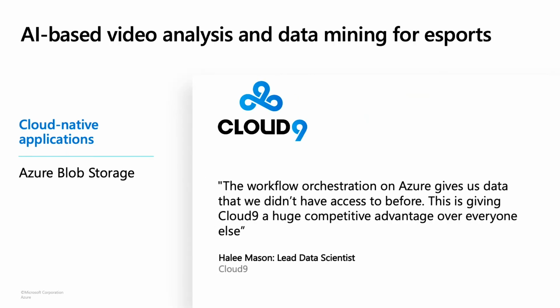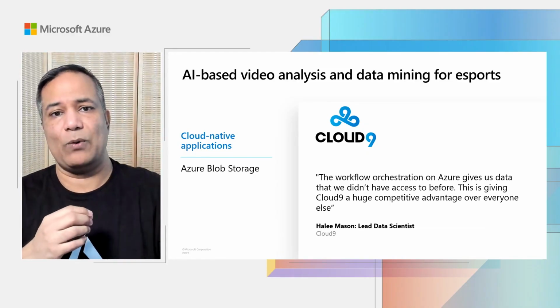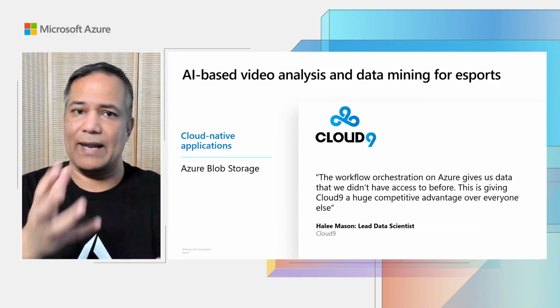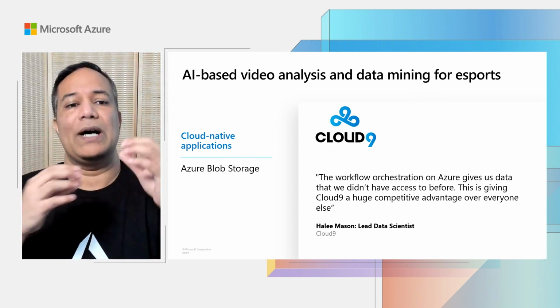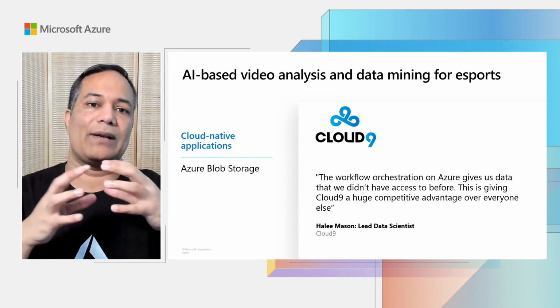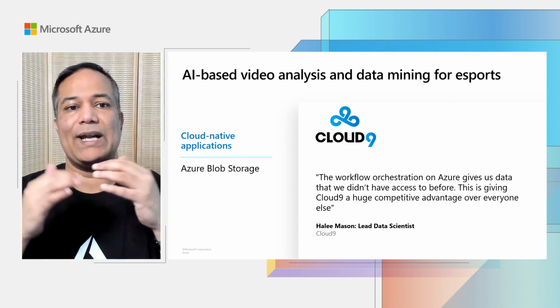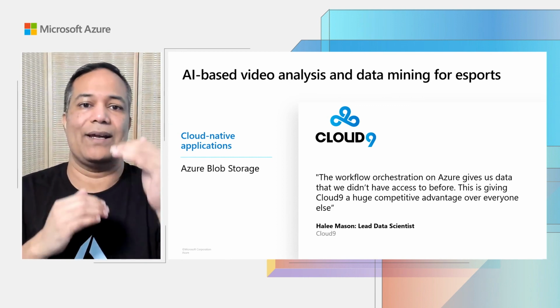Let's look at an example of how this pattern works with a customer. Cloud9 is an esports gaming company. They take video from these esports tournaments and game playthroughs, upload the data into blob storage, and then orchestrate a machine learning environment that analyzes and breaks apart these videos and looks at how they can get an edge.